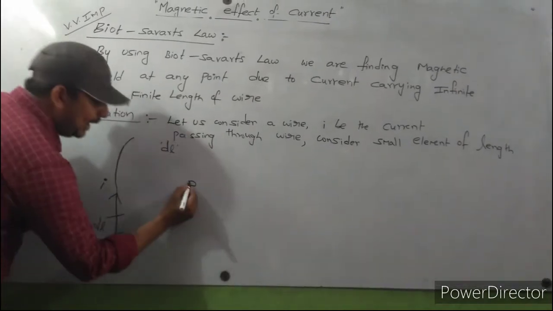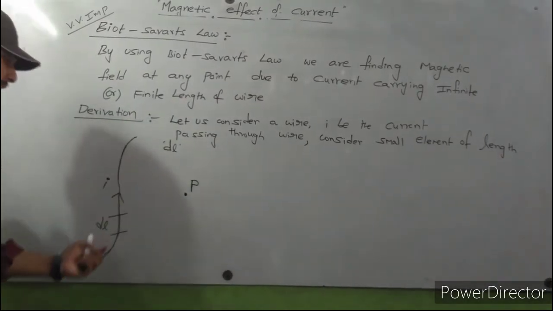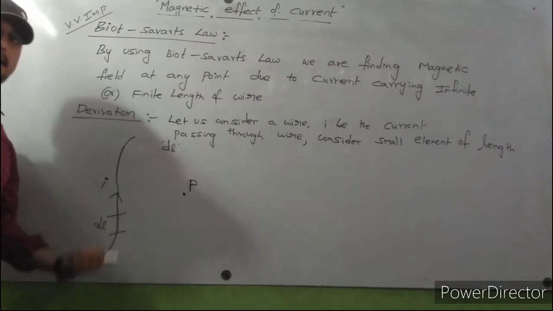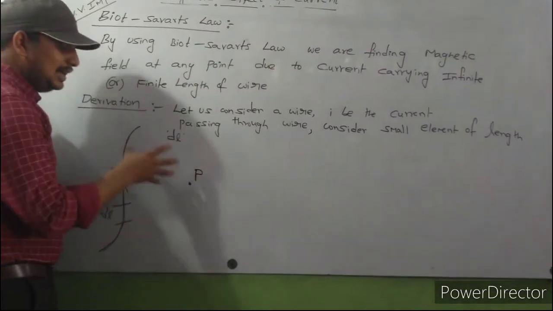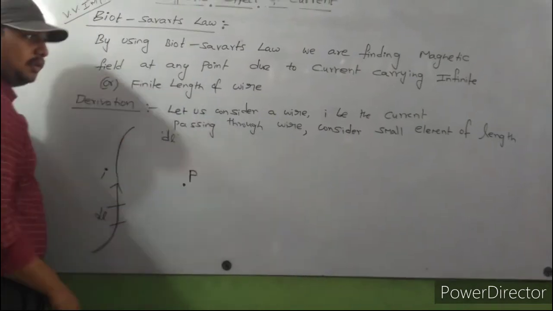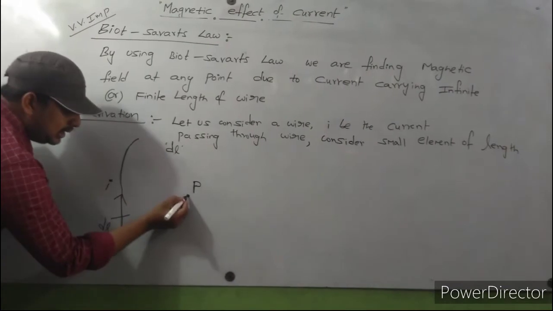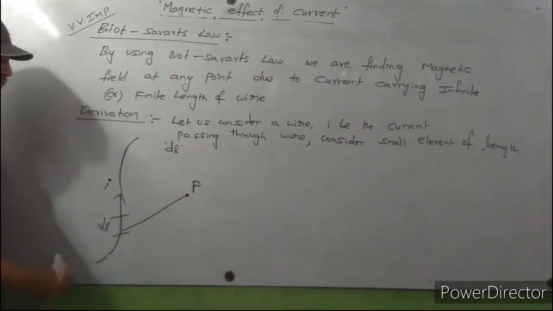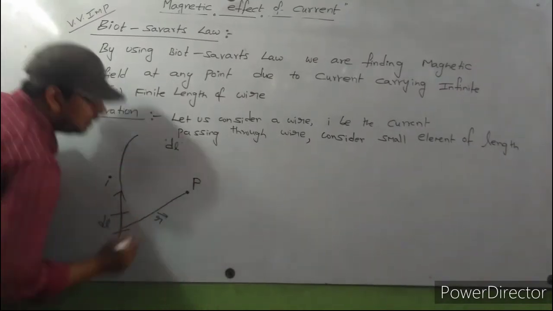So how to find the magnetic field at this point P? Let I be the current passing through this wire. Due to the current carrying conductor, some magnetic field is acting at point P. Here, just draw a line from the small element of length dl to P. This I consider as some r bar.